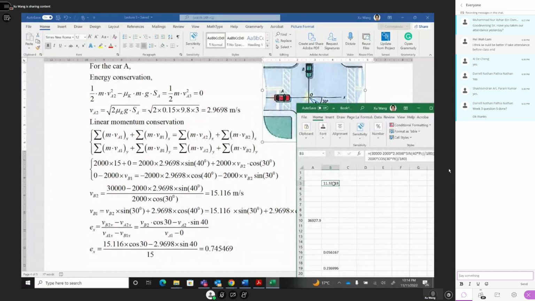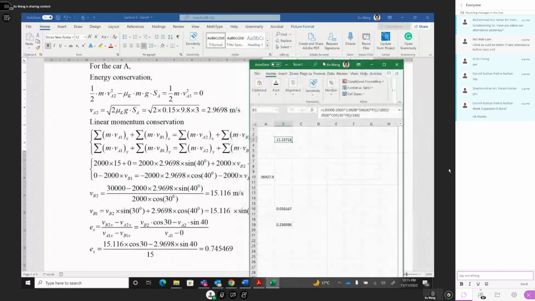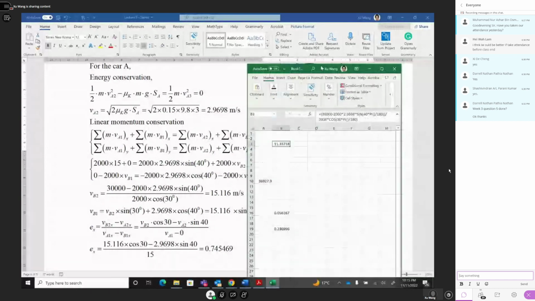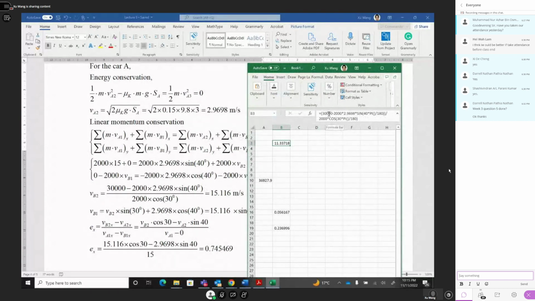Hold on, just equal to 30,000, 2.9698 sine pi divided by this one, and divide by 2000 cosine 30 degree multiply pi divide this, right? So this one should give you 11. Hold on, 11. We double check.